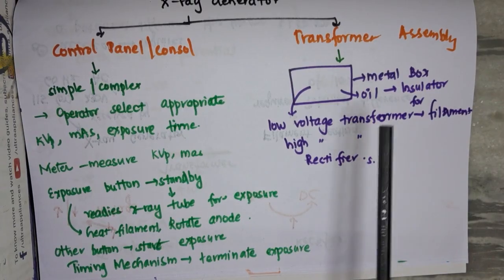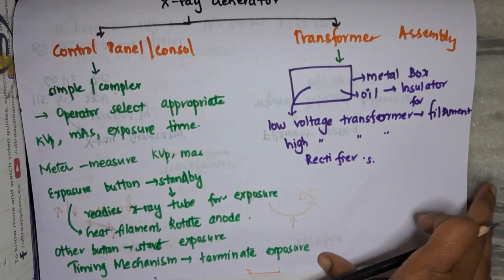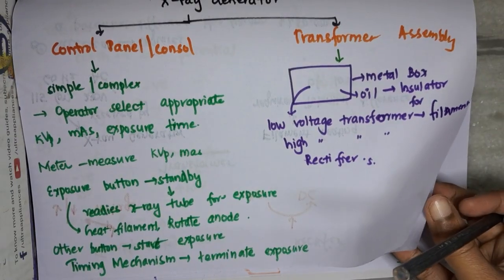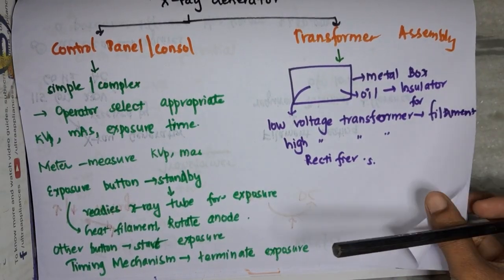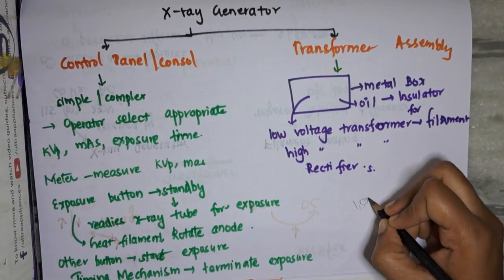A potential difference of around 150,000 volts is applied in this assembly.